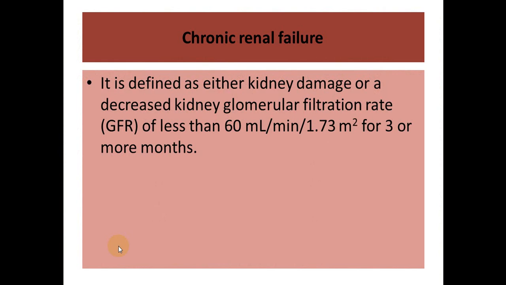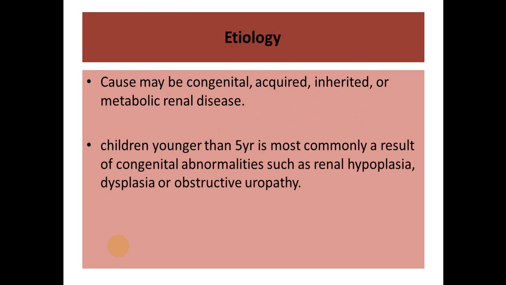We'll talk now about chronic renal failure. It is defined as either kidney damage or a decreased glomerular filtration rate of less than 60 ml per minute per 1.73 meter square for 3 or more months. What about the etiology?